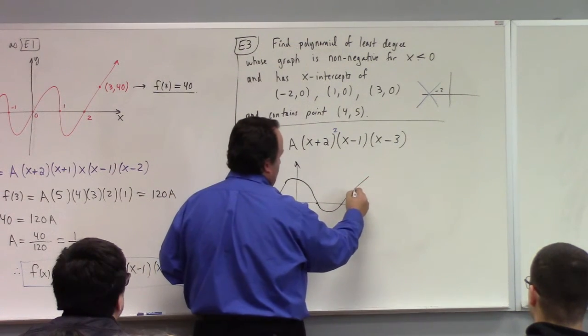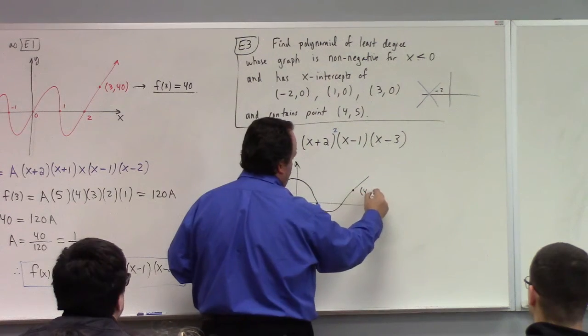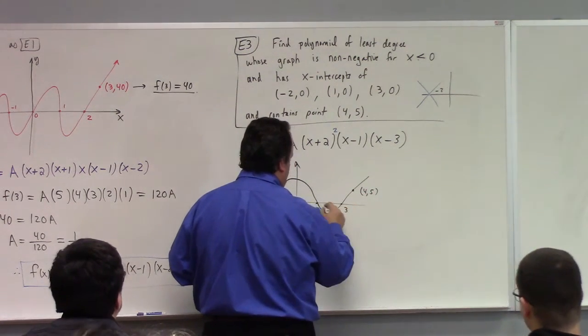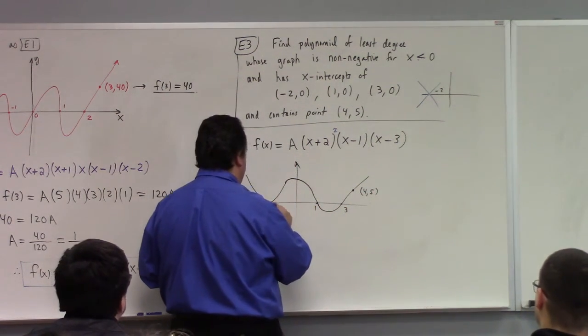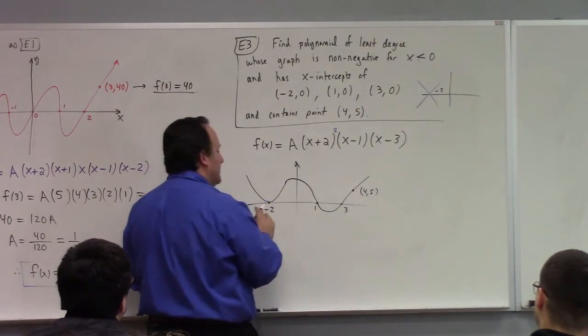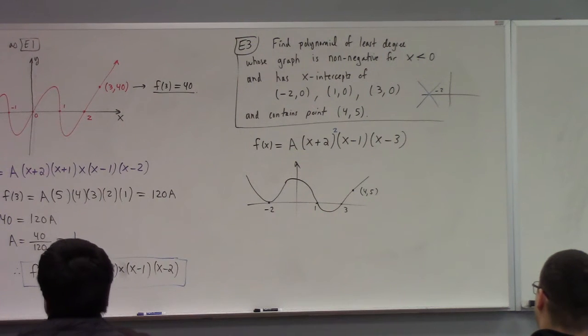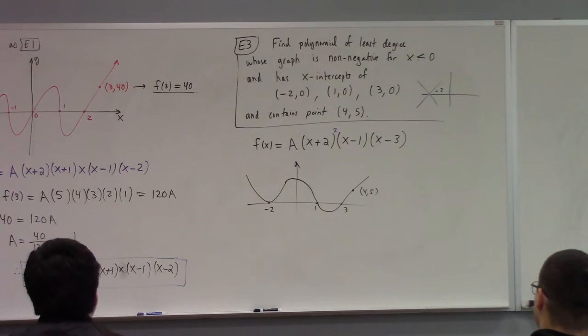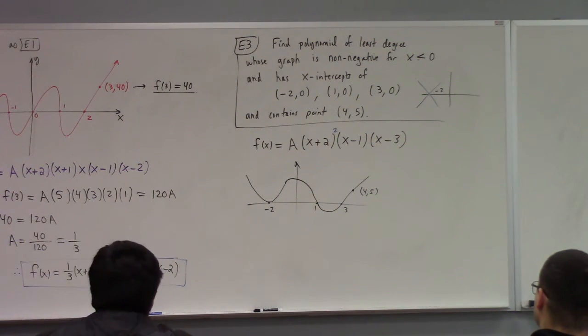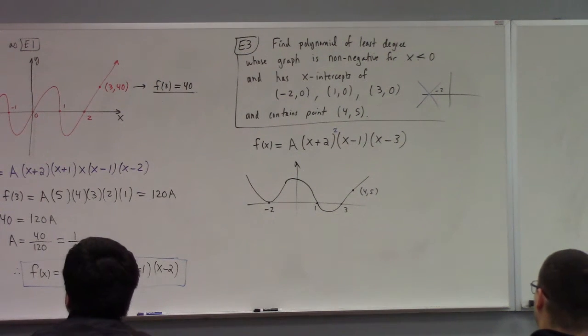And then supposedly we're going to put the point (4, 5) on it. So I think that we can make do with that data. You can make up data that's impossible to fit if you're not careful. There's a lot of flexibility with polynomial models, but you can bend it so much that it breaks. It's possible.